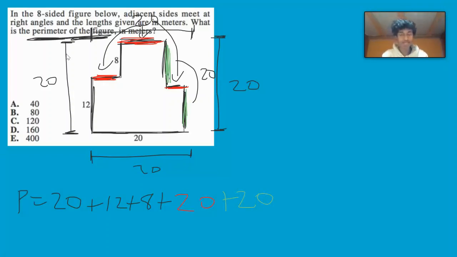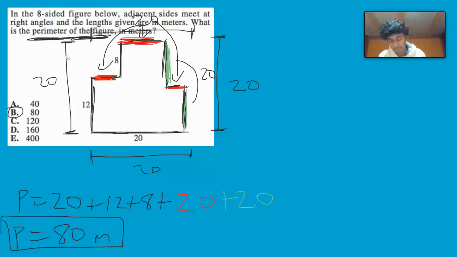And this accounts for all of the different sides that our boundary has created, right? So we just add all these up and we get a perimeter of 80 meters. So our answer is B.